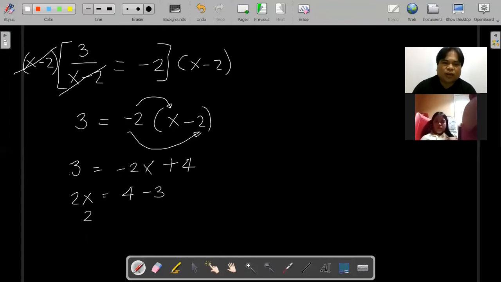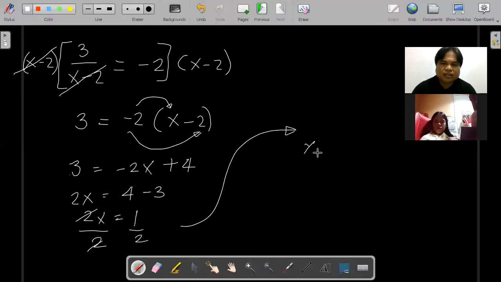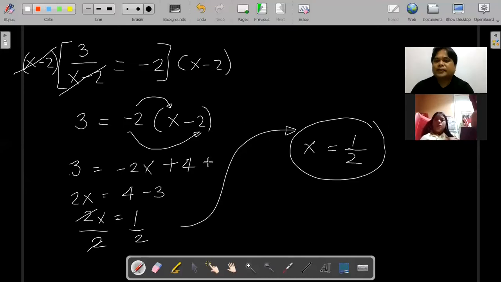So you have 2x is equals to 1. And then you divide both sides by 2. Cancel this one out. So you have now x is equals to 1/2. That's your answer. Get it, Fion?